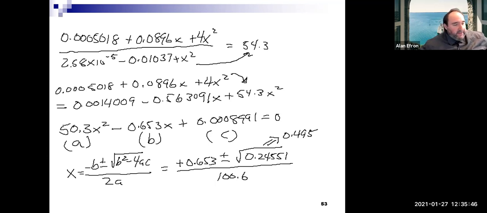Again, this is going to yield us two answers. If we do our x going the plus way, that's 0.653 plus 0.495 divided by 100.6, which gives us an x value of 0.0114.